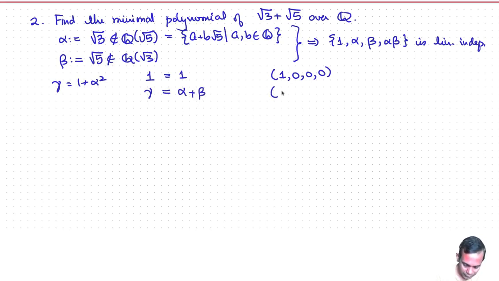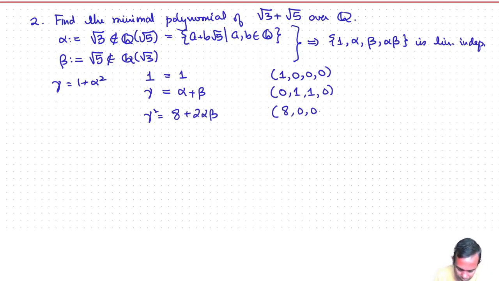So this is the vector 0 1 1 0 in terms of this basis. Gamma squared is alpha squared plus beta squared, which is 8 plus 2 alpha beta. So this corresponds to 8 0 0 2 in this basis. And you can see so far these vectors are all linearly independent.